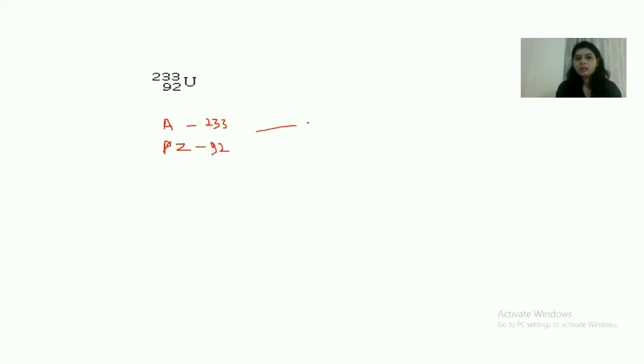During alpha decay, the atomic number decreases by 2, that is 90. Then the mass number decreases by 4, that is 229.